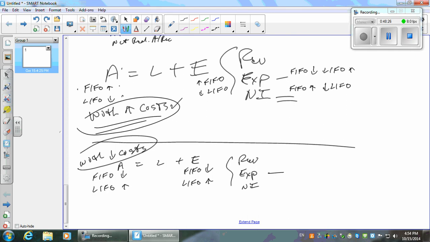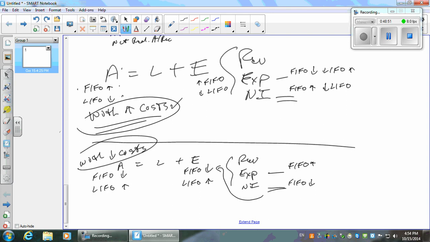What happens here? With FIFO, if things are now cheaper that I'm buying, and it's first in, first out, what am I doing? I am expensing the old ones that cost more, because I'm keeping the cheaper ones, right? Which is going to, for FIFO, give me relatively less income, which is what gives me less equity over there.